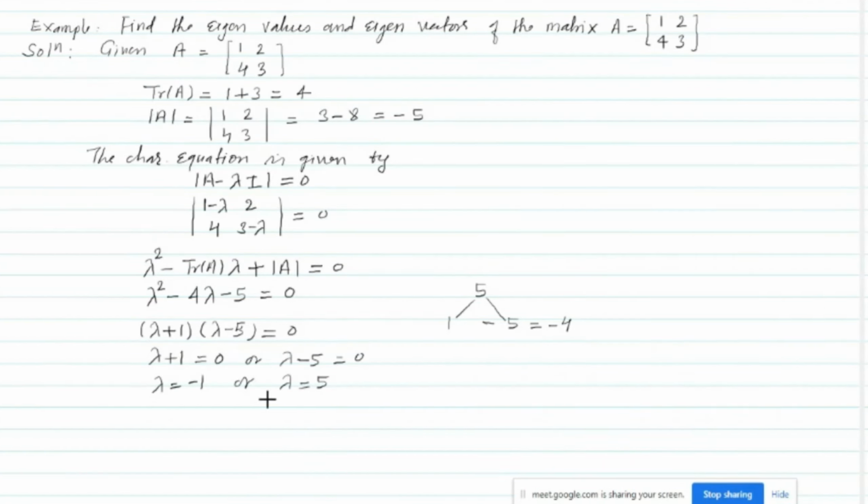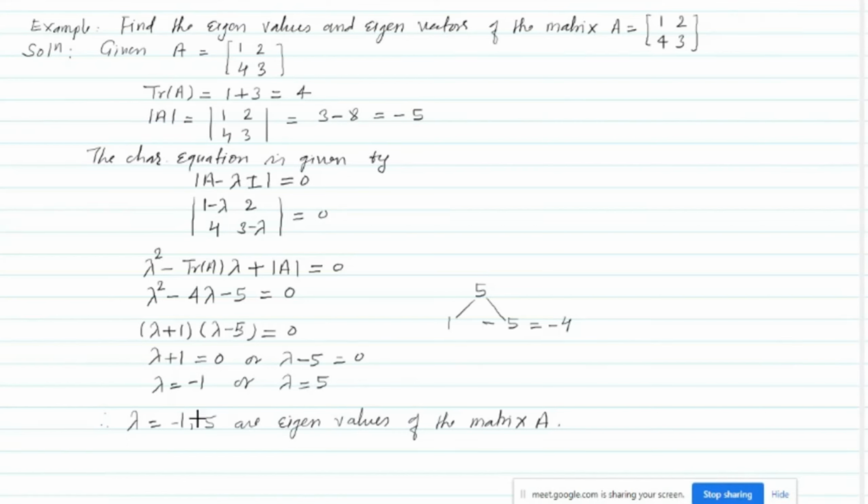Okay, so these are the eigenvalues of the given matrix. Therefore lambda equal to -1 and 5 are eigenvalues of the matrix A. Okay, so this is the first part: find the eigenvalues and eigenvectors of the matrix.